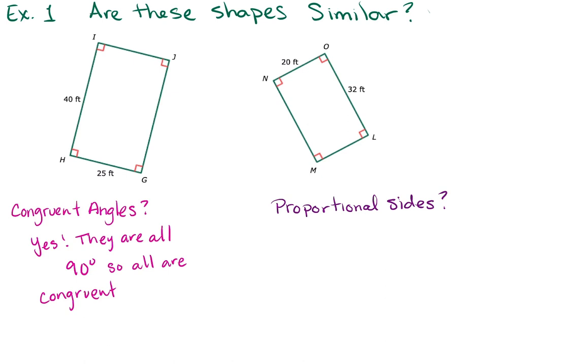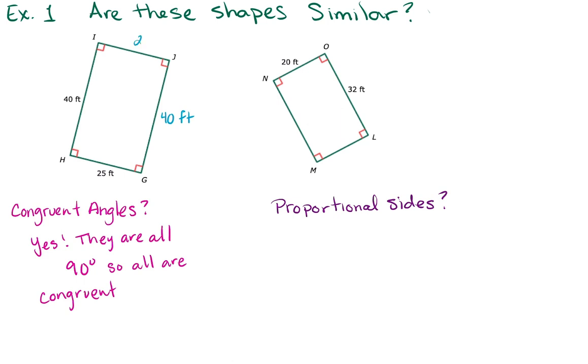Okay, so the proportional sides, that's the second condition for proving that two figures are similar. We have to be able to set up the side fractions to be able to show that these are in fact similar. We are dealing with rectangles here, so if I wanted to go ahead and write in some values, I know with rectangles that the side opposite of this 40 foot is also going to be 40 foot.